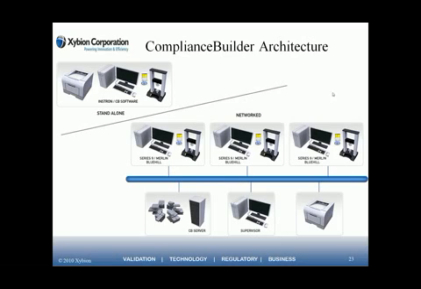We install the ComplianceBuilder server, which is displayed over here on the bottom of the screen, and we install ComplianceBuilder agents throughout the company, and those agents collect audit trail information for any of the equipment or applications which are in use at the company, and send all this data to the ComplianceBuilder server, where it is processed and stored, and then through the reporting functionality, the user can view all the audit trail information related to that particular instance.